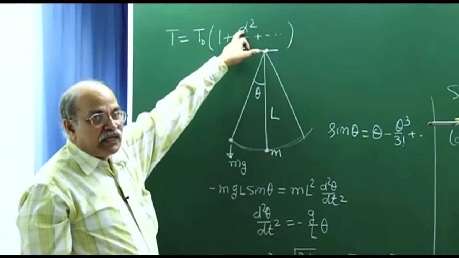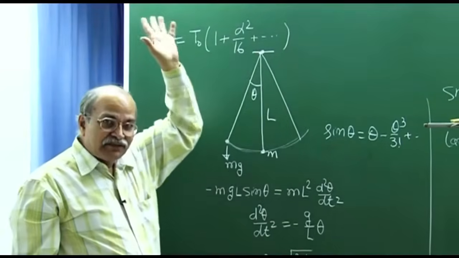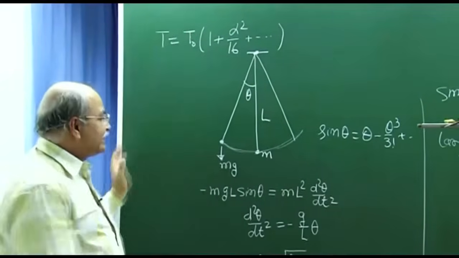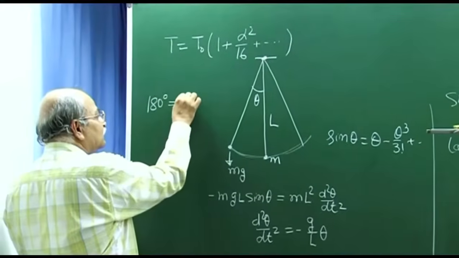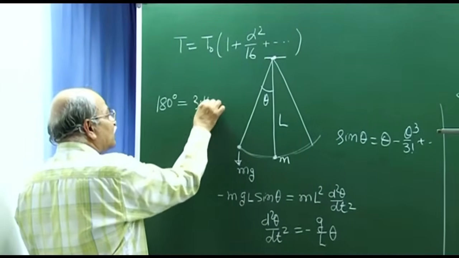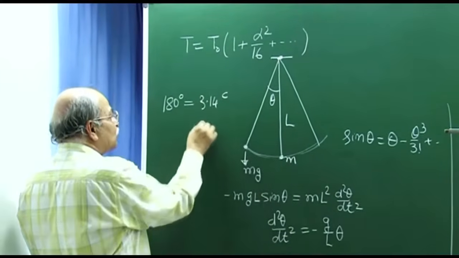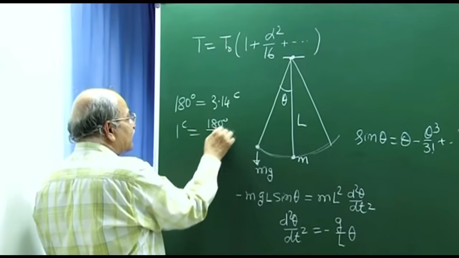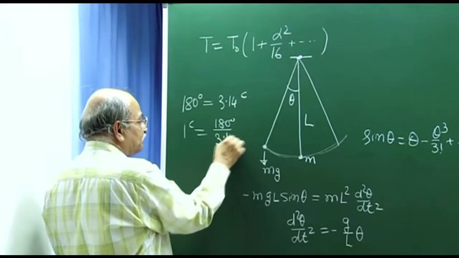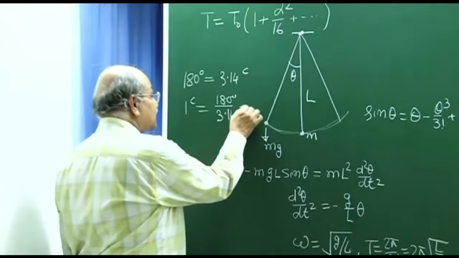So alpha is 1 radian. 180 degrees is pi radians. If you take pi as 3.14, then 1 radian means 180 degrees divided by 3.14, so something like 57 degrees.